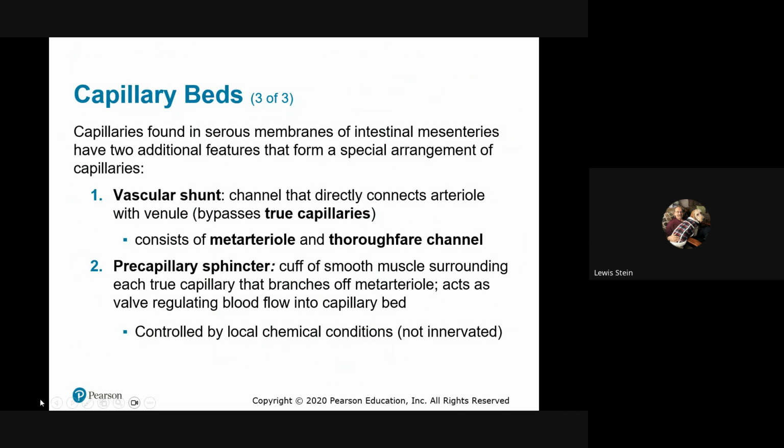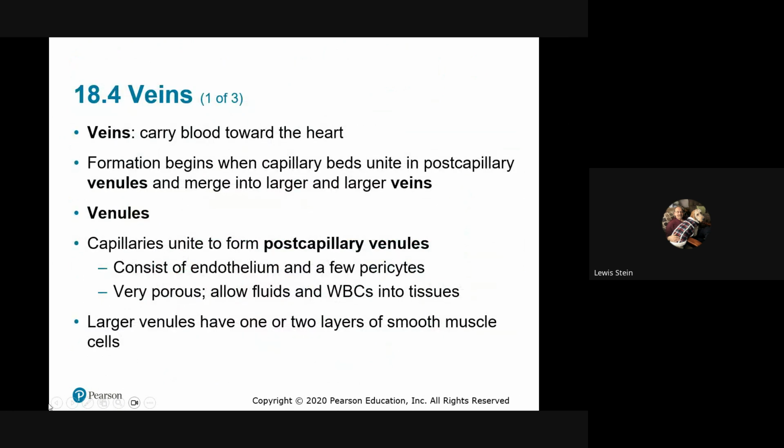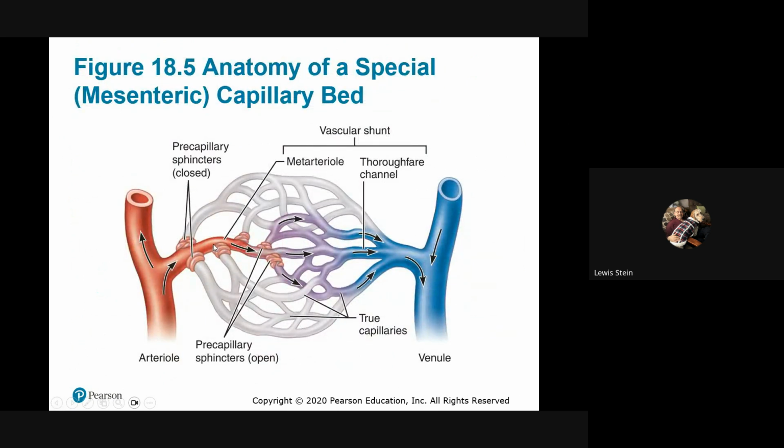Okay. So local chemical conditions control this, and this is what it looks like. These are called precapillary sphincters. When they are closed, blood just goes through the thoroughfare channel. Okay, it bypasses the bed. And they used to have an illustration that showed when they were open, how it would basically perfuse.